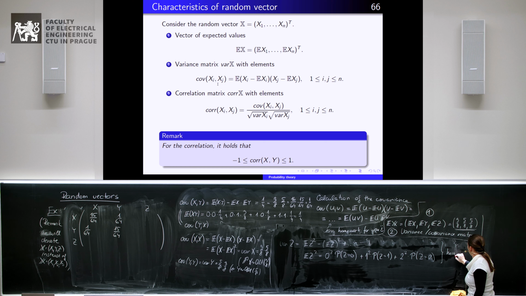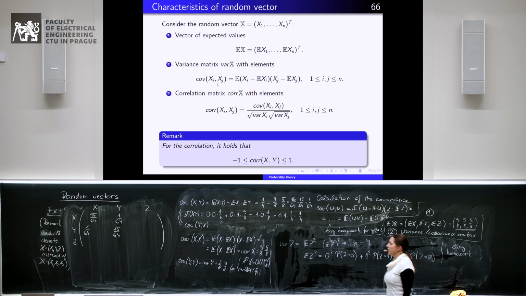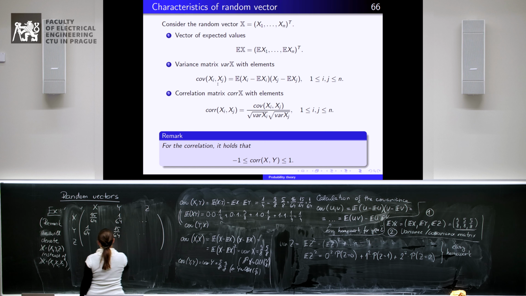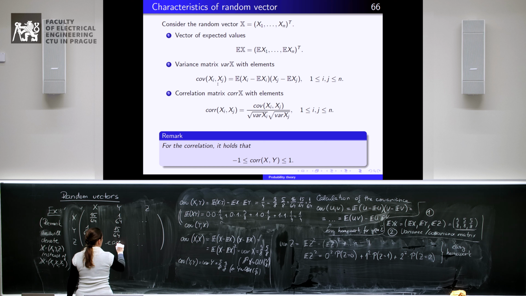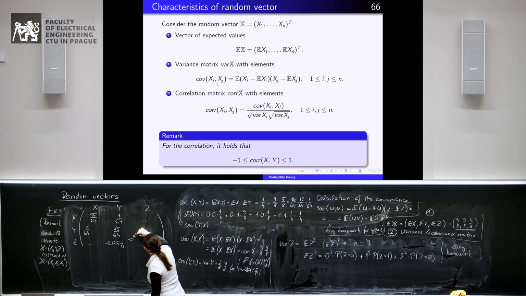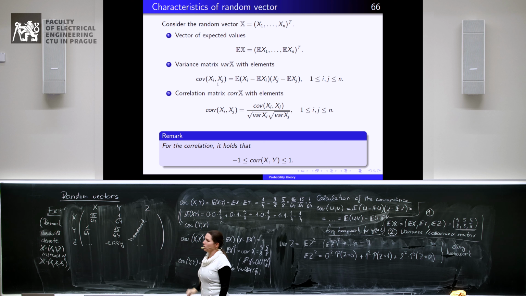So it is again an easy homework, as well as to calculate the remaining covariances. You can try to calculate the remaining parts of this covariance matrix, and I will go further in this lecture.